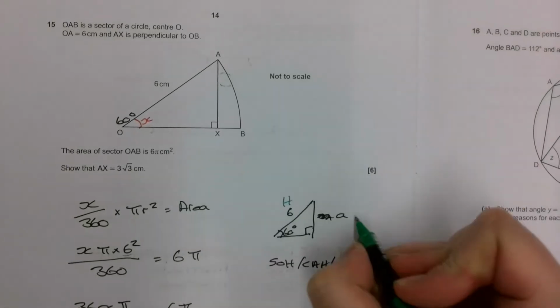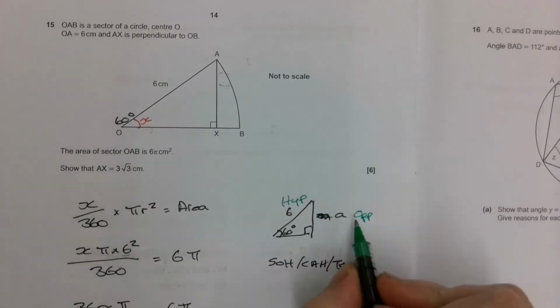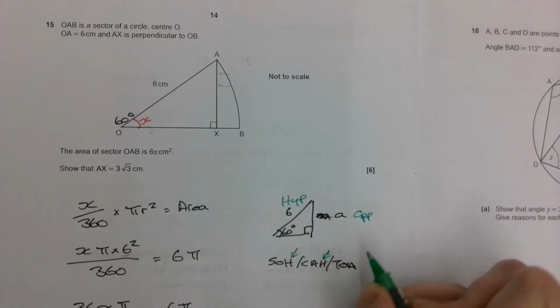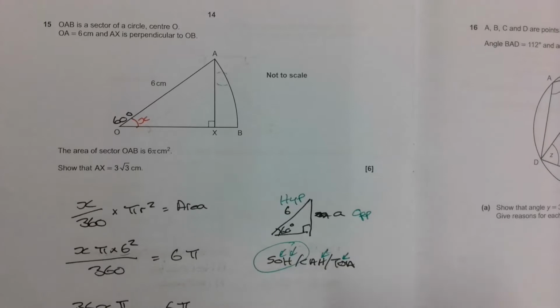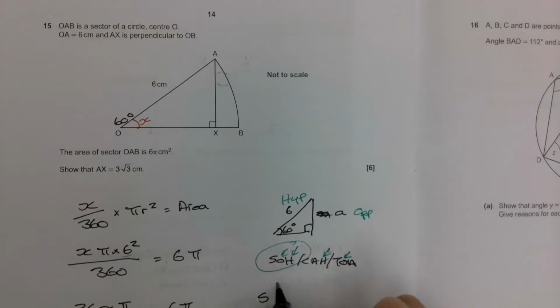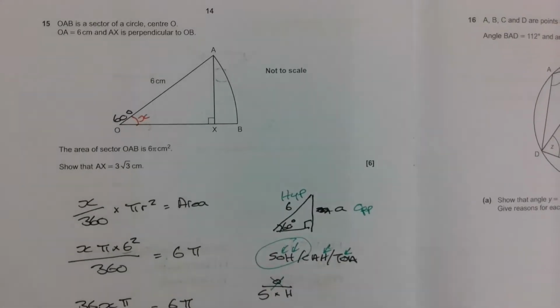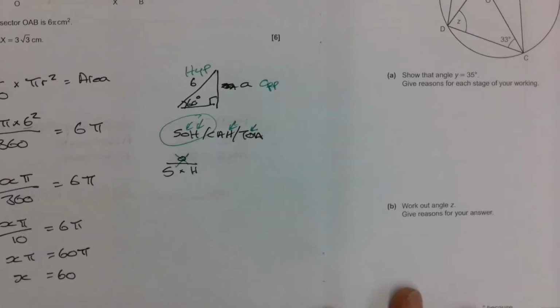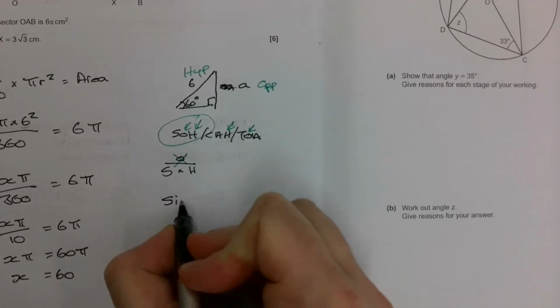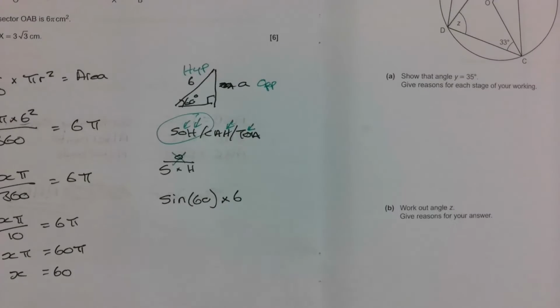So we've got that this is the hypotenuse and this is the opposite that we want to find. So H we have, O we want. We are going to be using sine. We want to find the opposite, so we are going to be doing sine 60 times by our hypotenuse, which is 6.